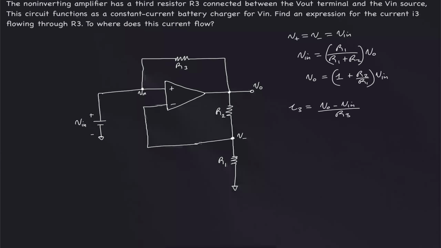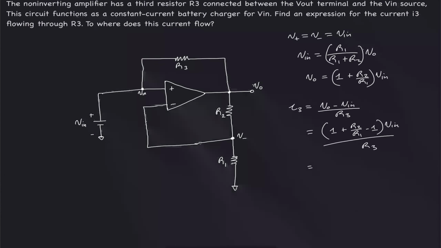By substituting in V out, we have 1 plus R2 over R1, and factoring out V in, we get minus 1, times V in, all over R3.